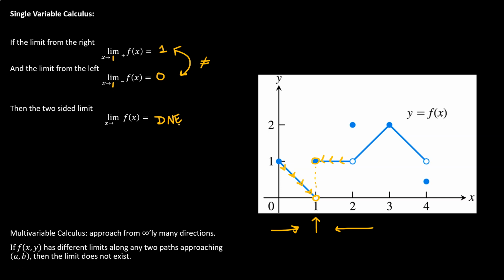Those two things don't agree, so I know that the limit as x approaches 1 for our function does not exist. In multivariable calculus, you might find 3, 4, 5, 20, 100 paths that do lead you to the same point. But if you can find exactly 2, that's all it takes, just 2 paths that lead you to different output values, then the limit does not exist.